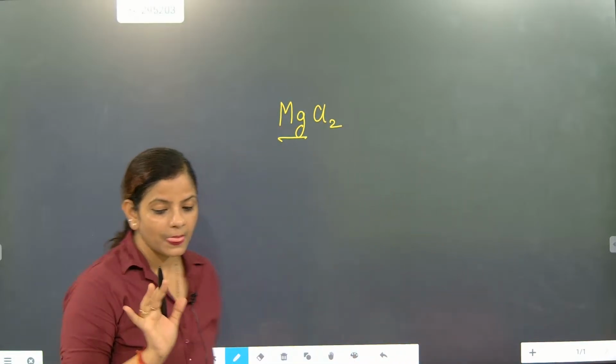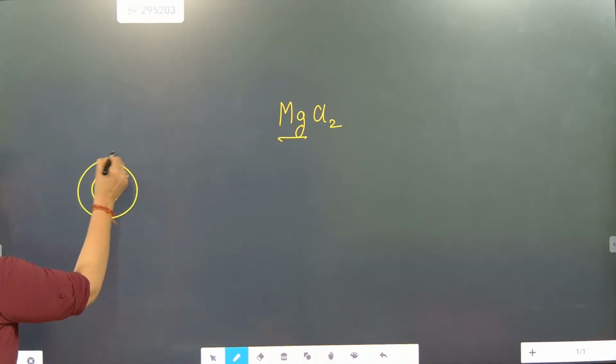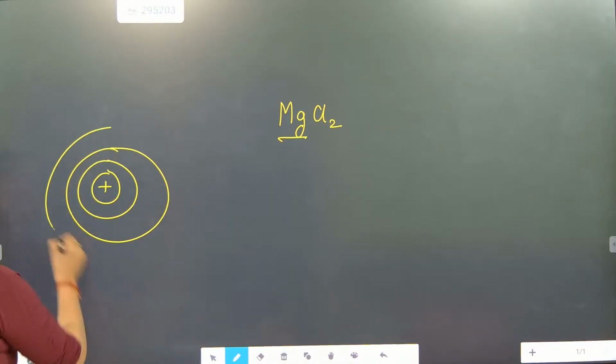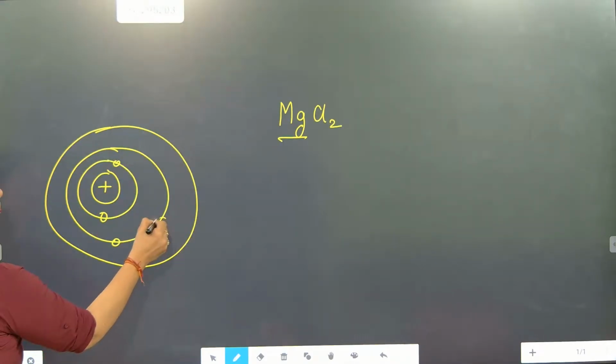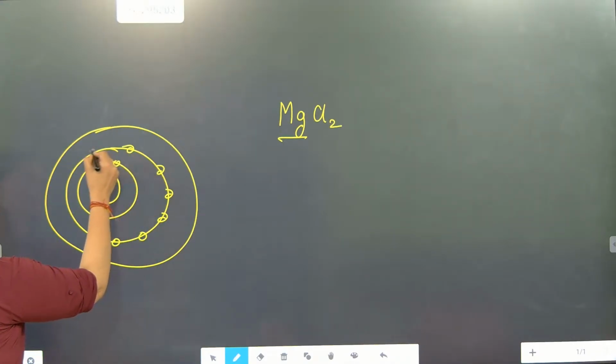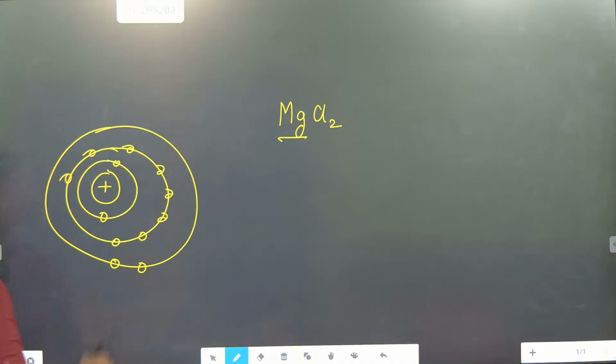First you understand. I'm telling you the entire section so that in one shot you will understand and there will be no doubt. In magnesium, the outermost orbit, the electrons are 2, 8, 2. So this 2 is extra.